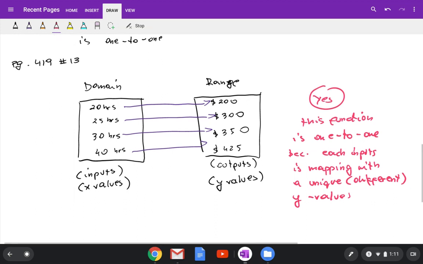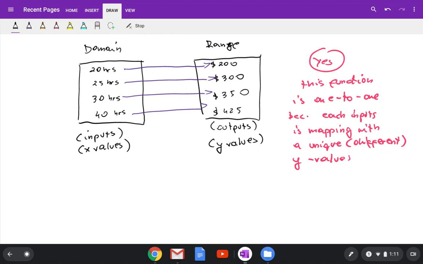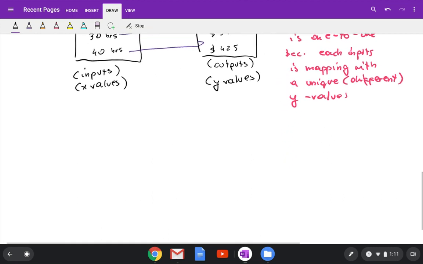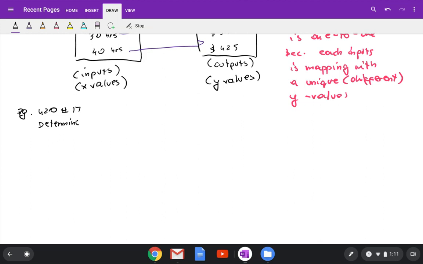And I also want to go over another example, which is in your textbook on page 420, number 17. They also ask you to decide whether the function is one-to-one.